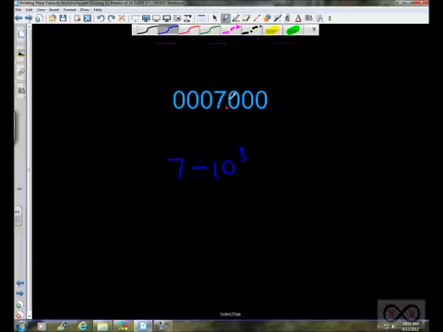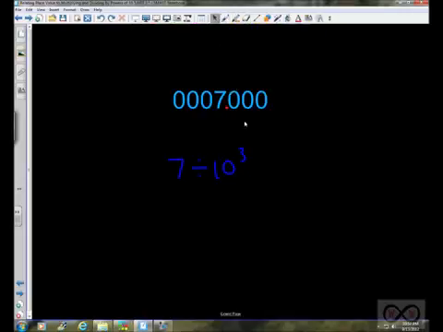Now how would we show that with the decimal point? Let's do the same thing that we did earlier. We've got 7 divided by 10 to the third. The number itself is getting smaller in value. Watch: 7 moves to the right 3 places.